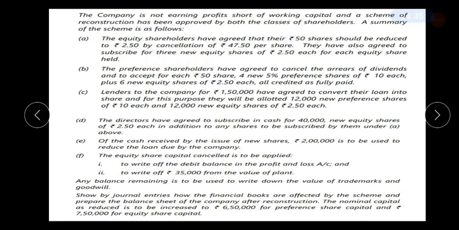The preference shareholders have agreed to cancel the arrears of dividends and to accept for each rupees 50 share 4 new 5% preference shares of rupees 10 each plus 6 new equity shares of rupees 2.50 each, all credited as fully paid. Understand it. The preference shareholders have agreed to cancel the arrears of dividends. So here is a dividend arrear to preference shareholders.